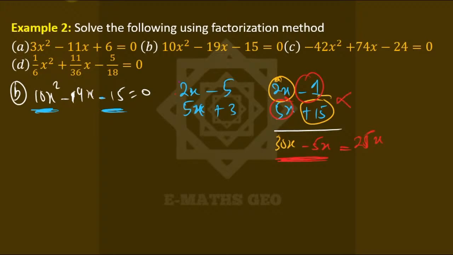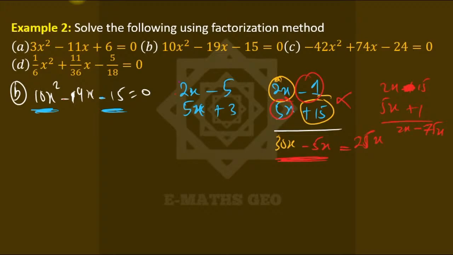So it's not possible. Even if you change it, making it negative 15 and positive 1, if you do 2x times 1, it gives you 2x, while 5x times negative 15 gives you minus 75x. So it will give us negative 73x.